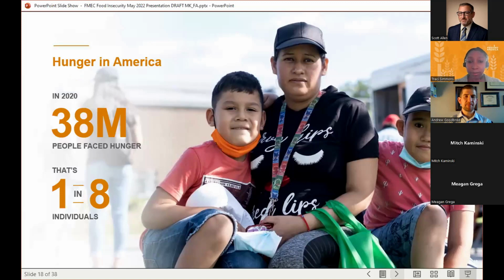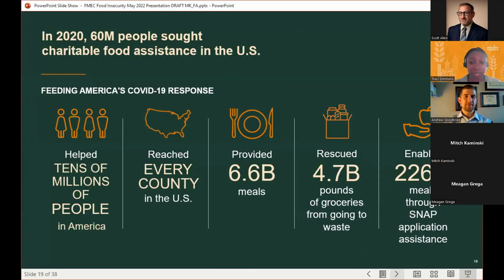In 2020, about 38 million people faced hunger, and that's about 1 in 8. We know that those statistics drastically changed and were deeply impacted from the pandemic. During the pandemic, about 60 million individuals sought charitable food assistance in the US. And this may not be surprising to you, as you've seen in the media and in news outlets over the last few years, the lines at food banks and food pantries wrapped miles and miles long.